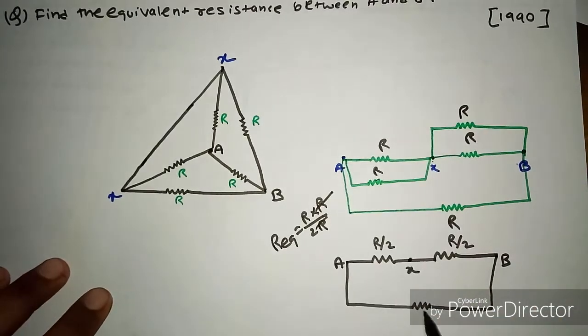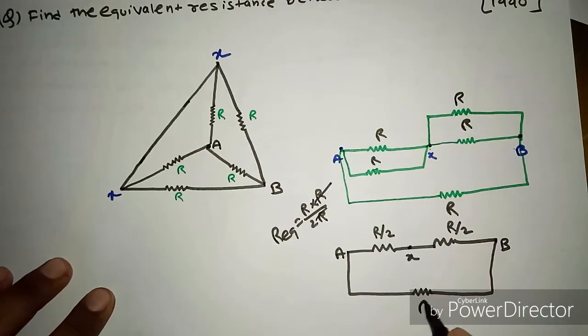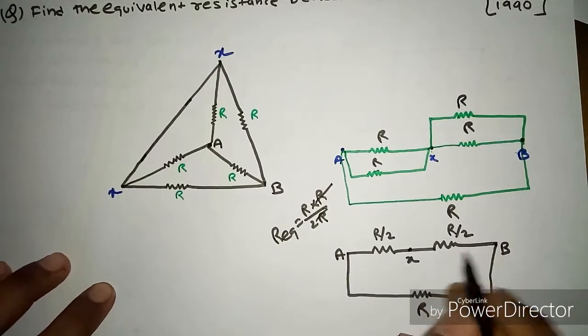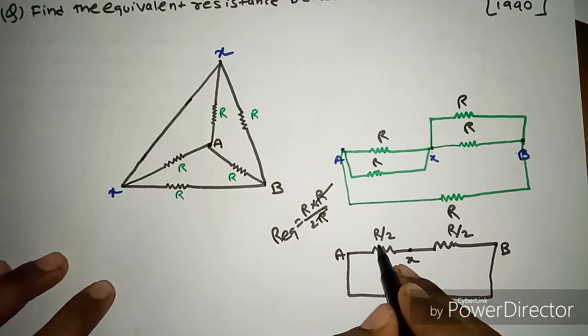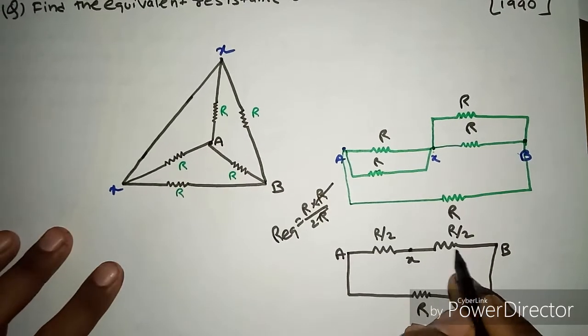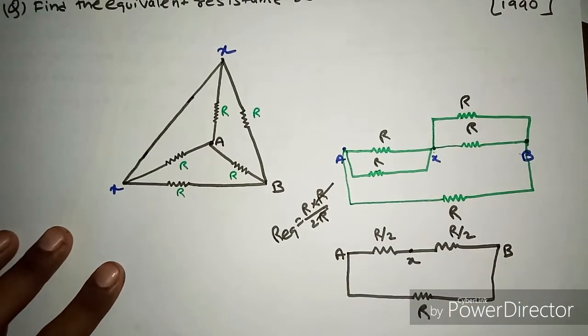Okay, so now here is only R. Now R by 2 and R by 2 is in series. See this R by 2 and this R by 2 is in series, so again we can write like this.